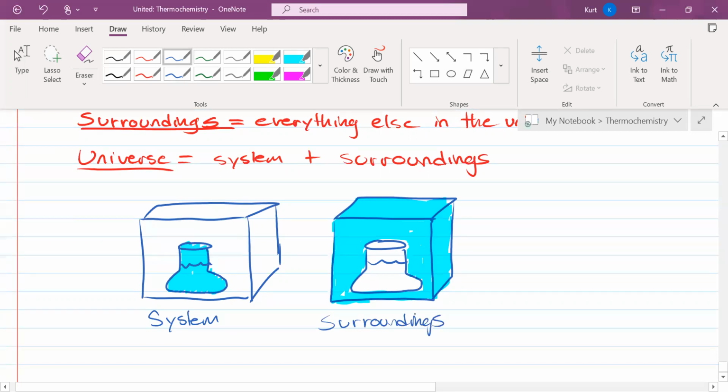Imagine the system loses heat. Where is that heat going? The surroundings. And let's say that the system is gaining heat. Where's that heat coming from?